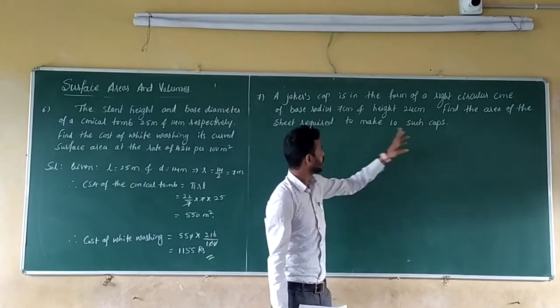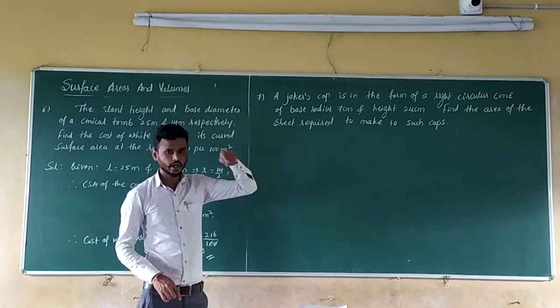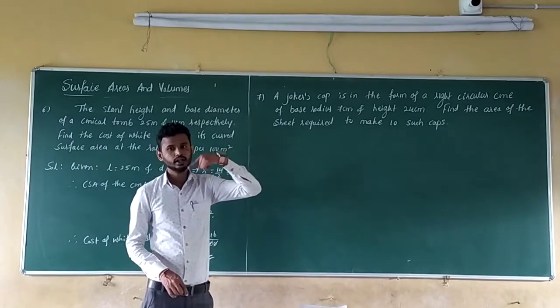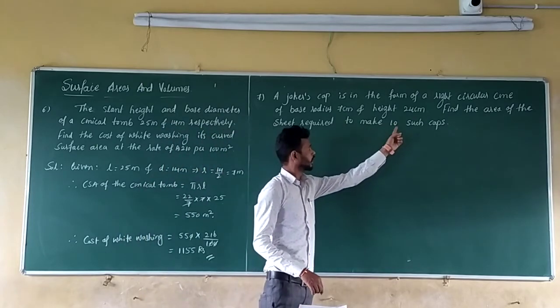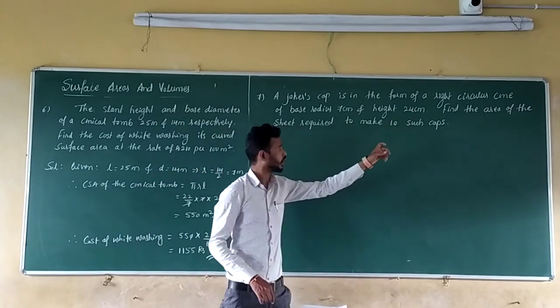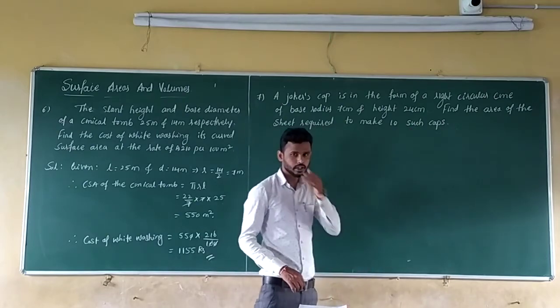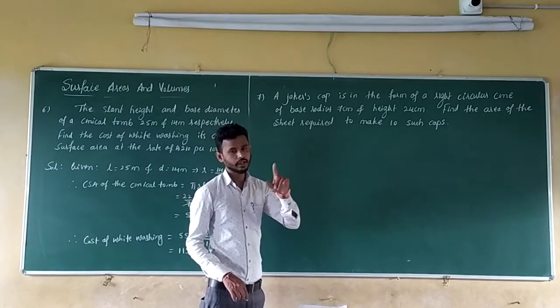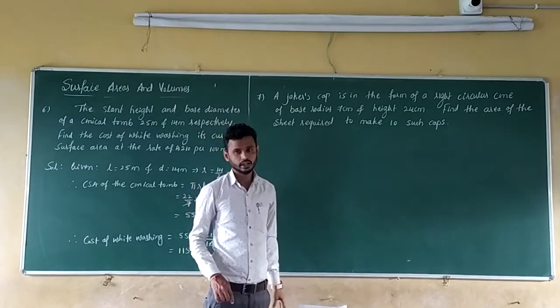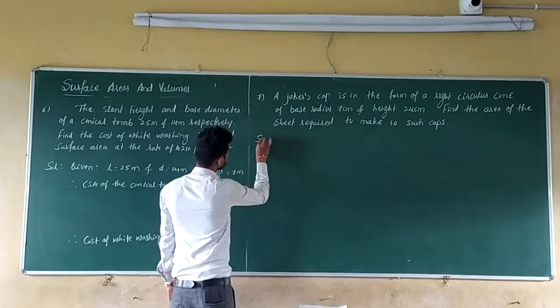So for making one cap we need to find the CSA of the cone, and again we need to find the area of sheet required to make 10 such caps. So first find the area of sheet required for one cap, multiply that by 10, you will get the answer. Let us see.